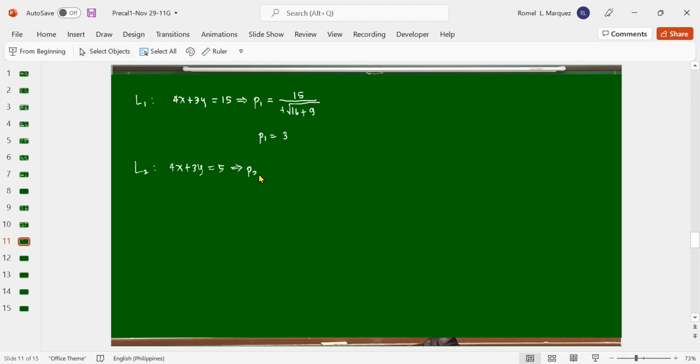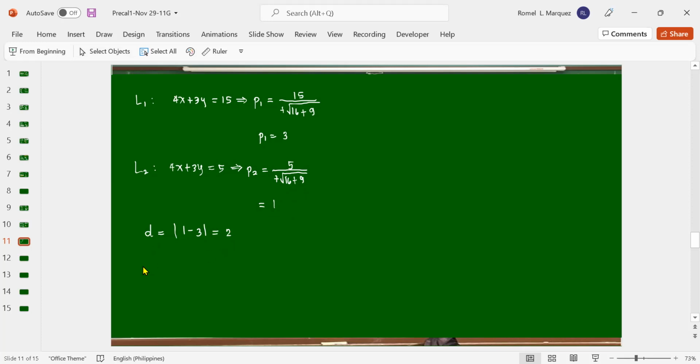What's the P of that? So that is 5 over the positive square root of 4 squared plus 3 squared. So 16 plus 9 is 25, square root 5. 5 divided by 5 is 1. Okay? So D therefore is equal to the absolute value of their difference, 1 minus 3, so that is positive 2.